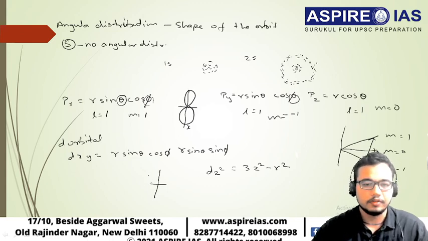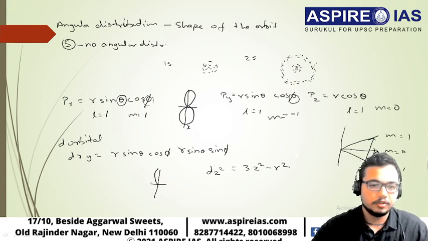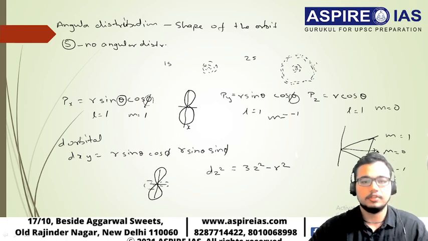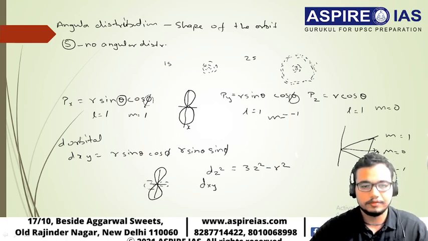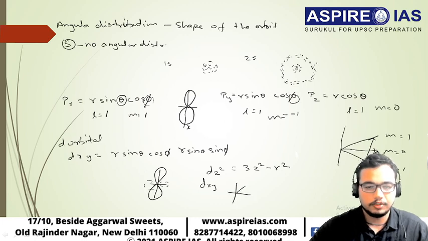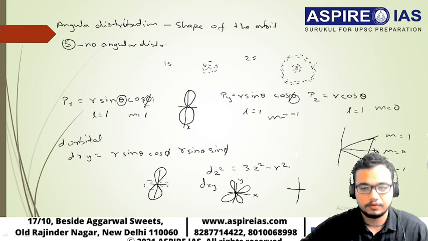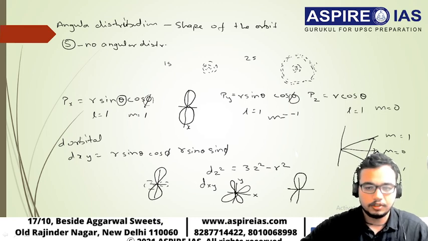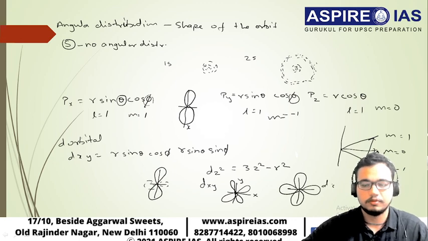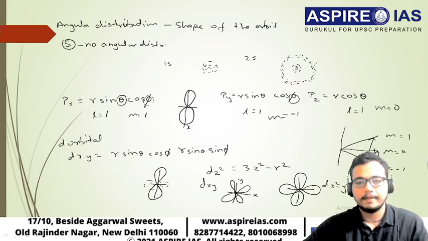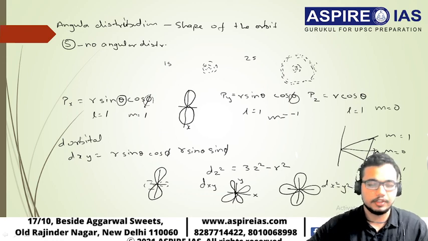That's it. Now the shape for z square will be like this. For dxy, it will be in between the planes. This will be the x-axis, this will be the y-axis. And for dx square minus y square, the lobes will be along the axis. So by this we can easily calculate the shape of the orbitals.